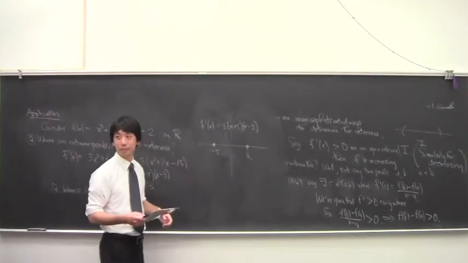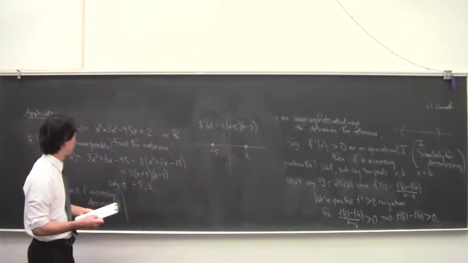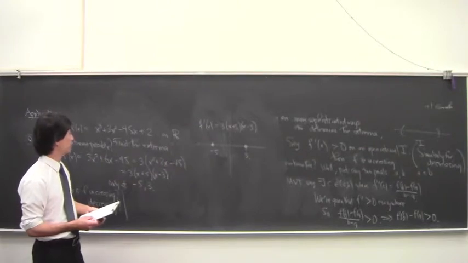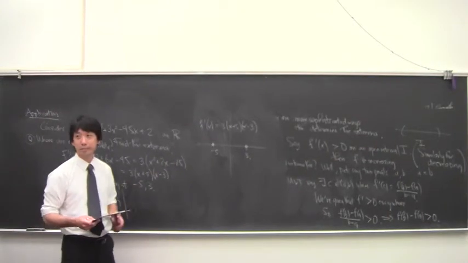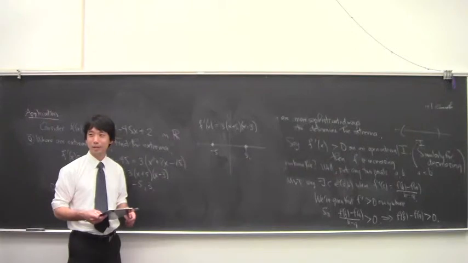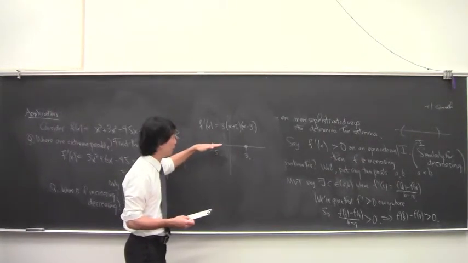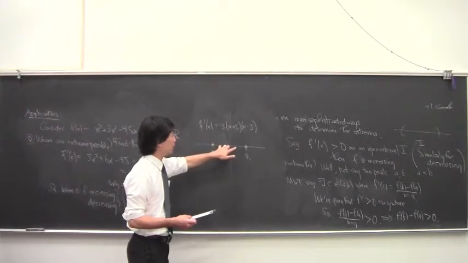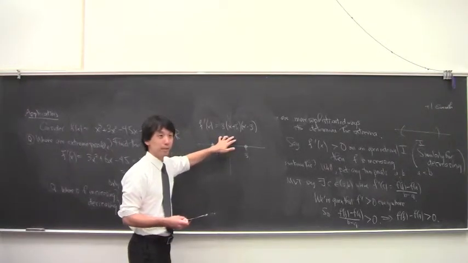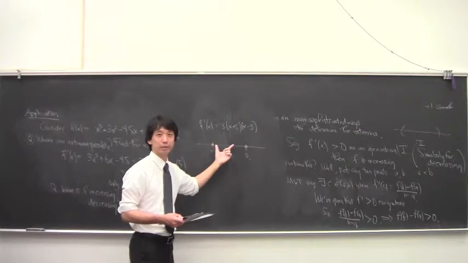Can you just pick points between -5 and 3, greater than 3, and less than -5? See whether they're positive or negative. That's right. So one way to do it, you may remember this, is that if it's a polynomial, it's either going to be all positive or it's going to be all negative between the zeros, right?